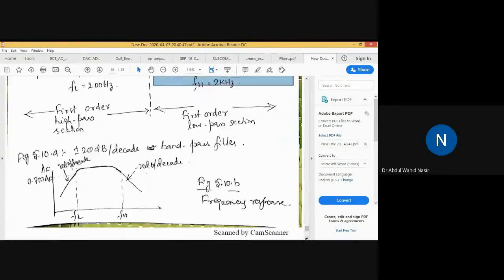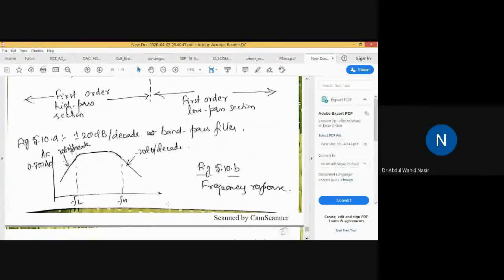How is it so? If you analyze the frequency response of a band pass filter, then we can understand how we get this band pass filter. In this frequency response, you can see the gain AF for the frequency range FL to FH is almost constant. This is your pass band, lying between FL and FH.